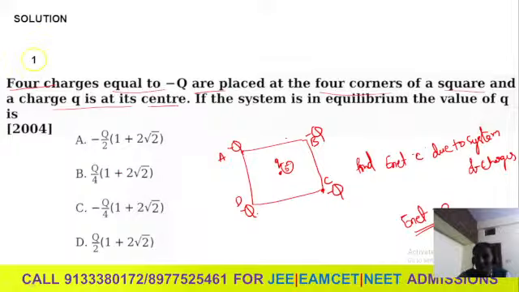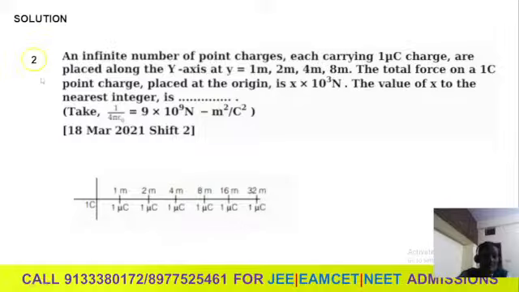Here all are negative charges, so the fifth charge should be positive. Magnitude might be equal, but we get opposite sign. Yes, you are correct, that logic you can apply. At corner C, due to this corner, this corner, and this fifth charge, let the side length of this square be A, then you can try. It is correct. Good.